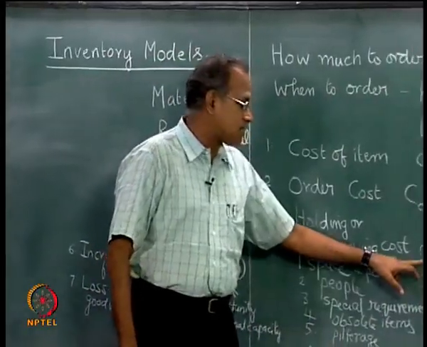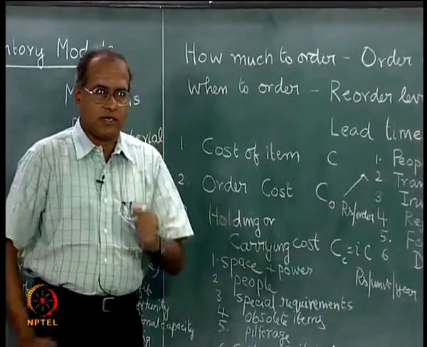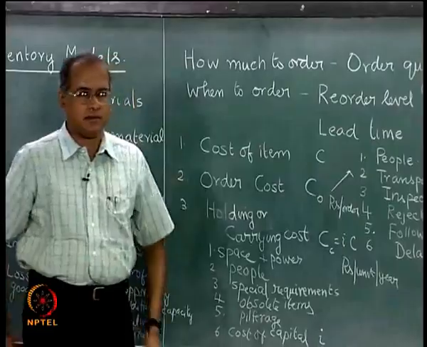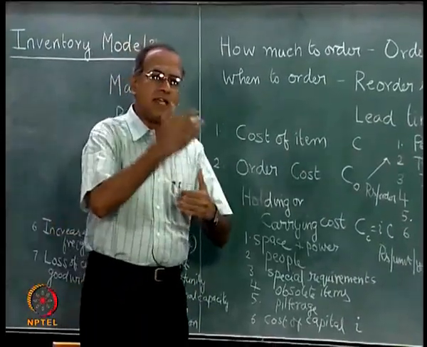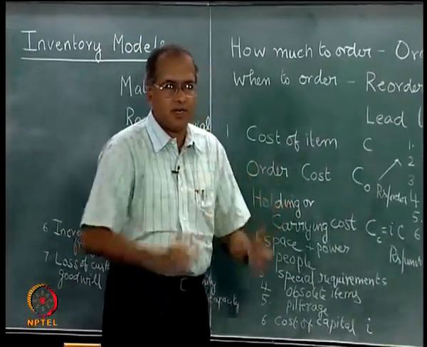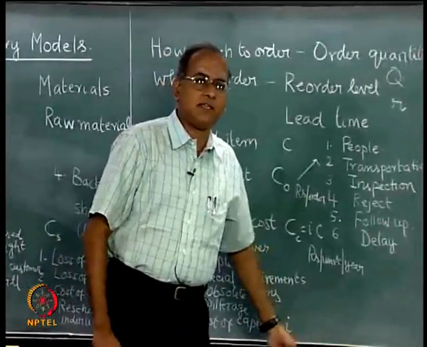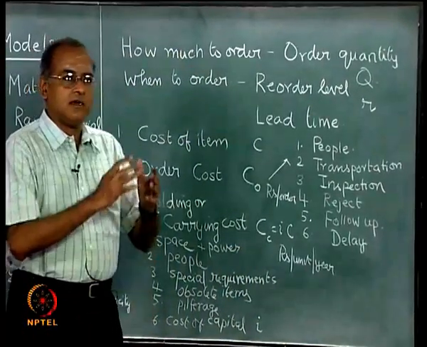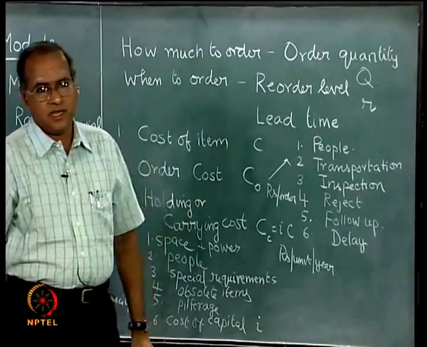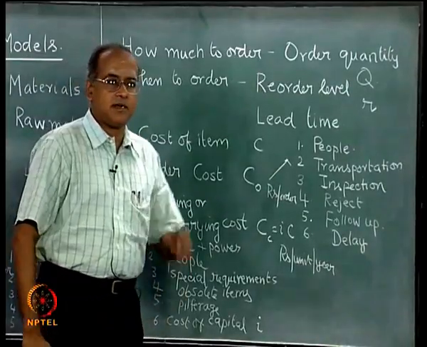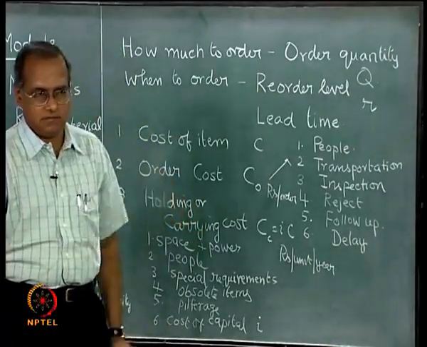So this is the cost of holding one unit, rupees per unit per year. So the average inventory that we have at any point in time multiplied by CC will give us the holding cost per year, and the average inventory should be in terms of number of units that we have.